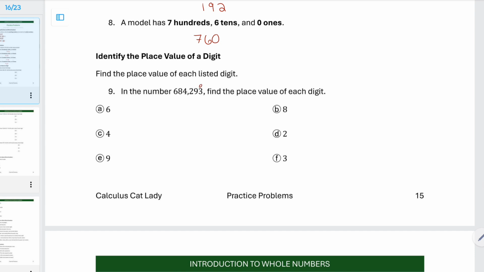So remember, we have ones, tens, hundreds, thousands, 10,000s, 100,000s.